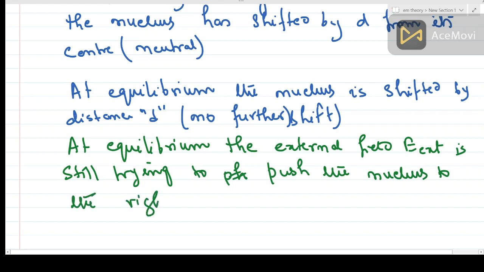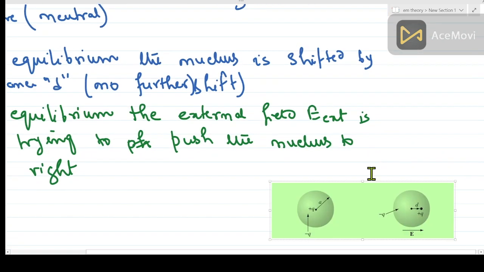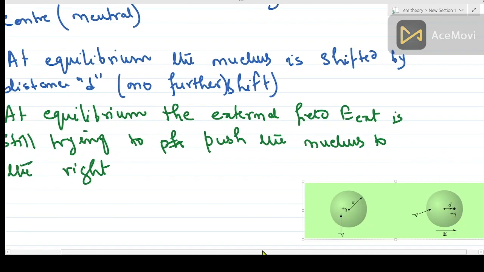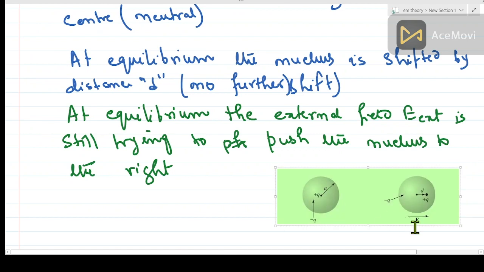I am giving you the diagram again, because the screen is moving down. So this is the situation. This is the electric field, and because the nucleus is positively charged, it will move in the direction of the field.